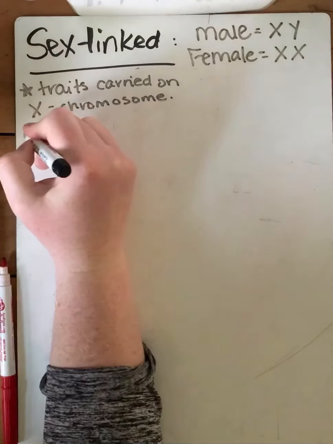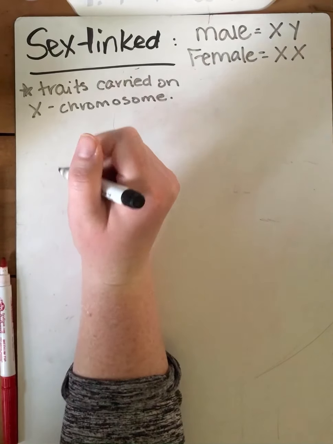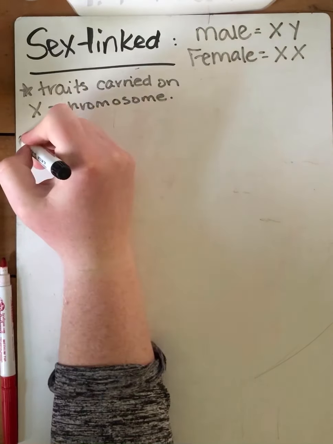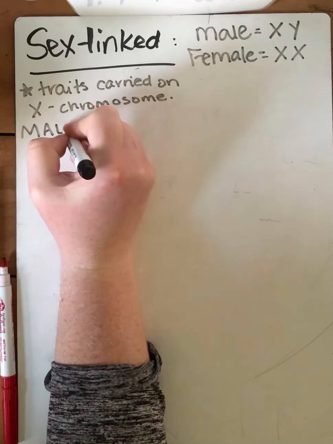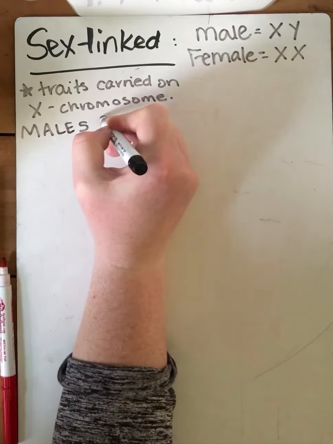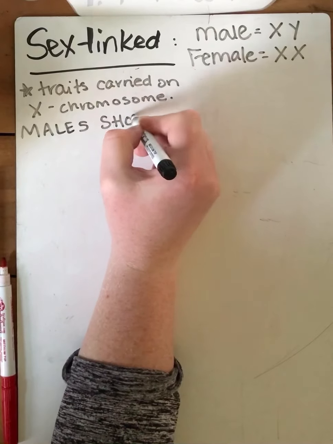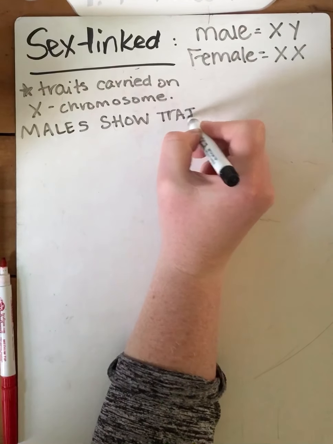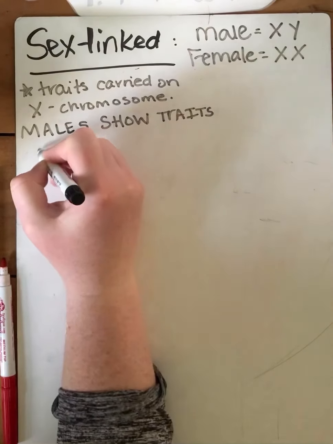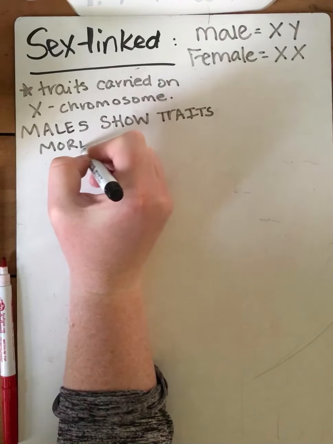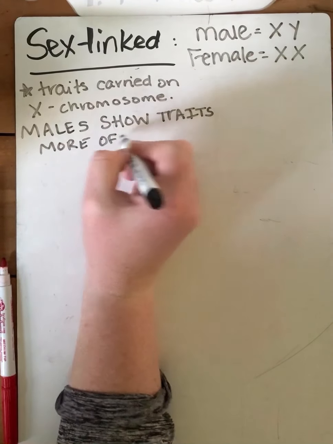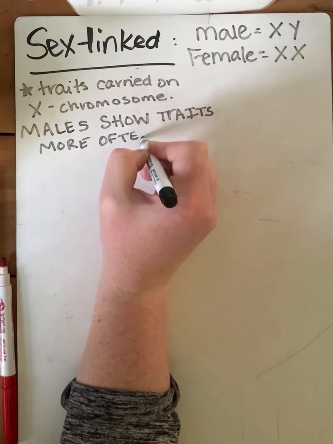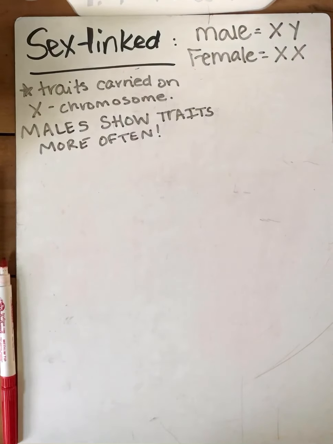Which means males are going to be more likely to show these traits. So males show traits more often. And that's just something to really remember when we're looking at sex-linked traits.